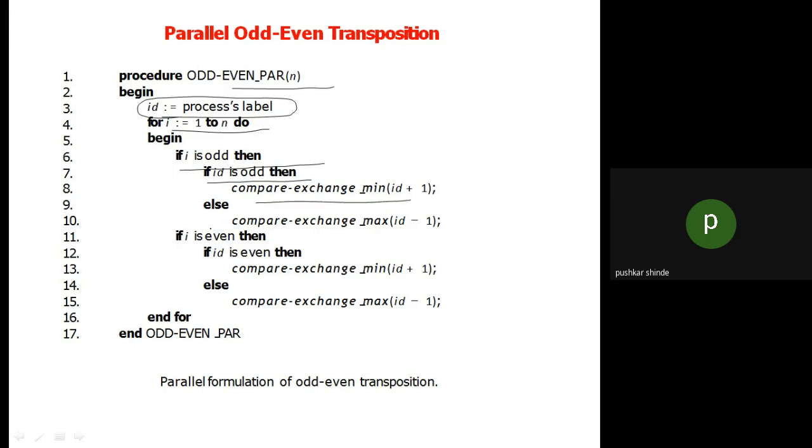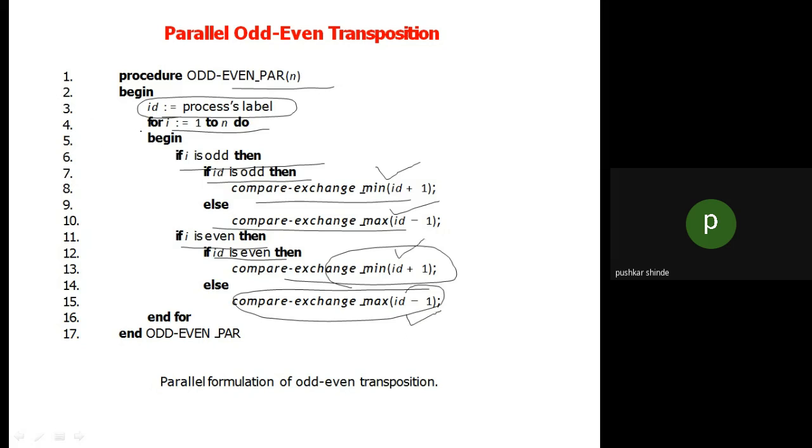Else, compare exchange maximum with id minus 1. Similarly, if i is even and id is even, compare exchange minimum of id plus 1 and maximum of id minus 1. So the left processor will keep the minimum value and the right processor will keep the maximum value.